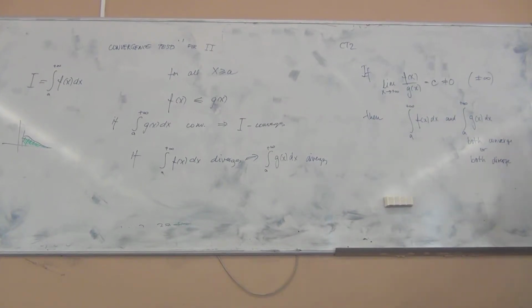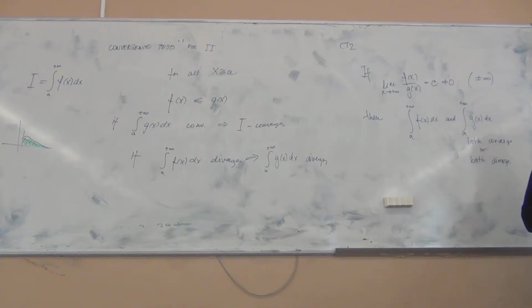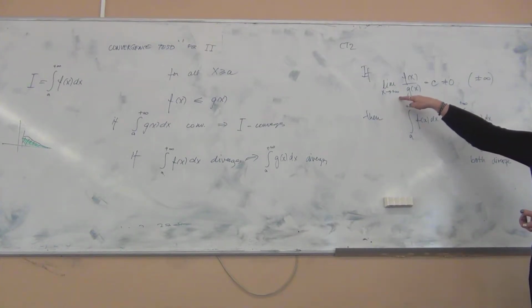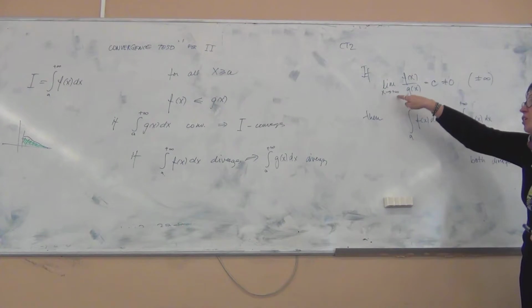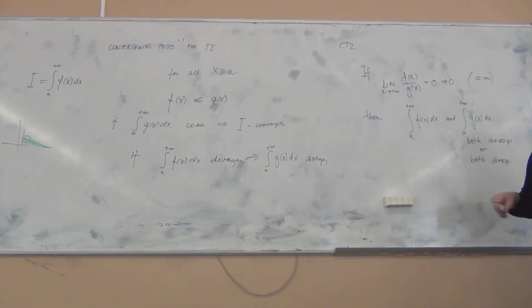So I have been writing limits when x tends to infinity because this is a type 1 integral. The example is for a type 1 integral. Actually, if I have type 2, it would be from a to b, and let's say we have this uncertainty or infinity at the limit a. In that case, I would say x tends to a or x tends to b. In other words, I have to make x tend towards the danger point.